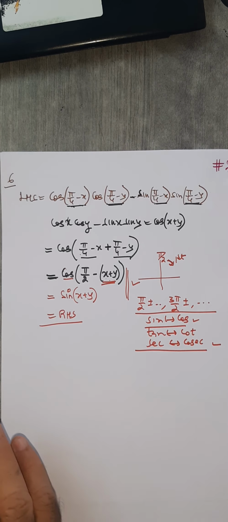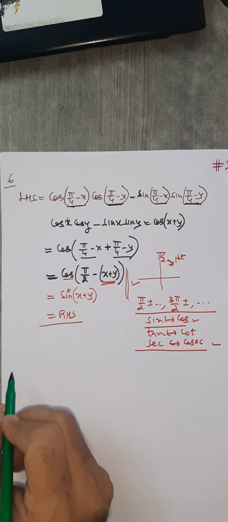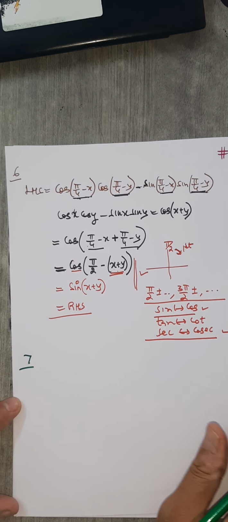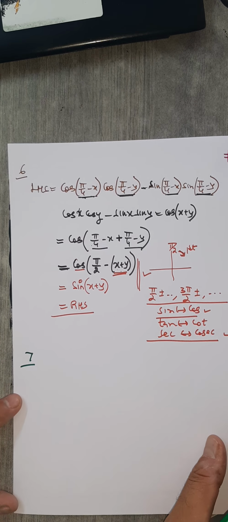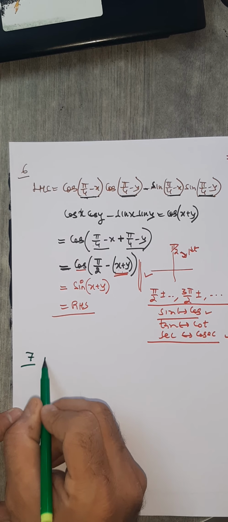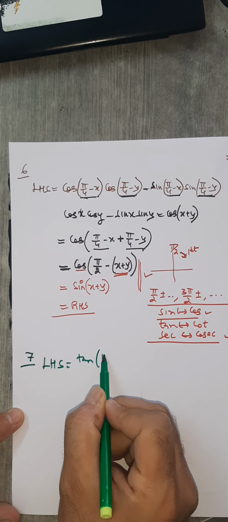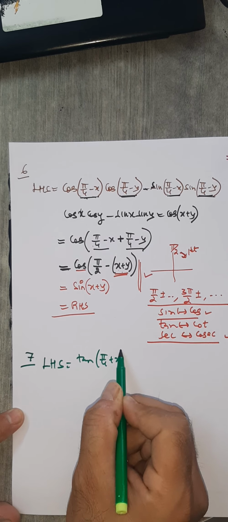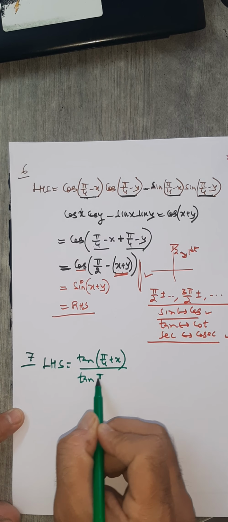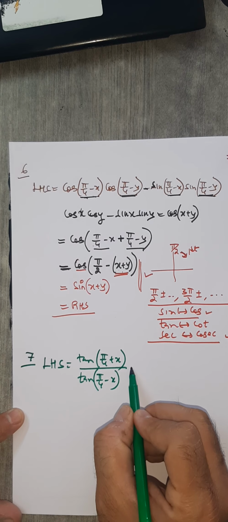Okay. Next question. Question number 7, the 7th question. How will we do the 7th? Just look at the LHS and simplify. What is the LHS? LHS is tan(pi by 4 plus x) upon tan(pi by 4 minus x). So what is the obvious step? Addition formula of tan.